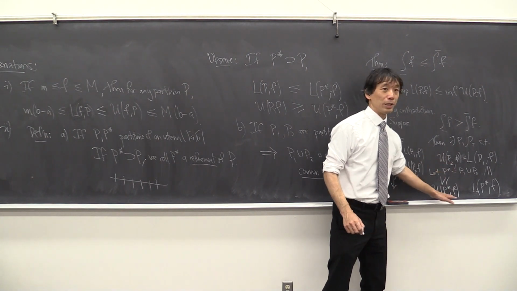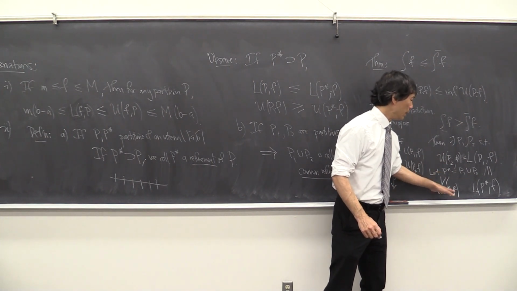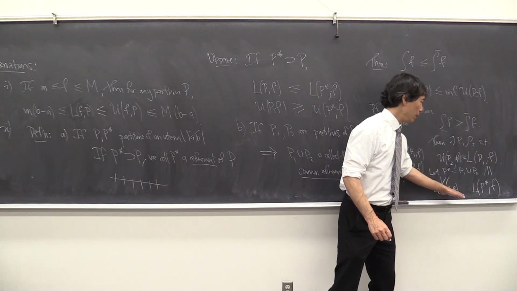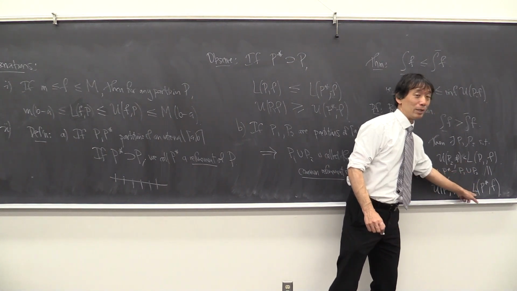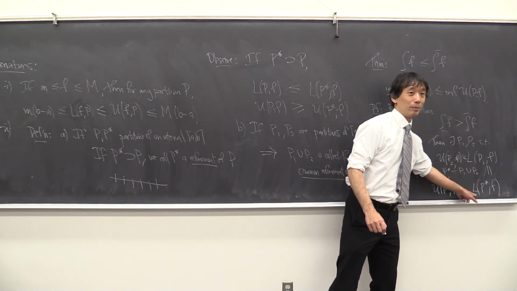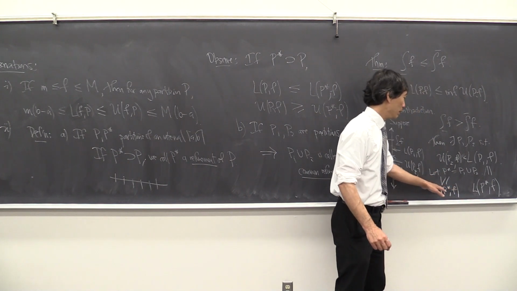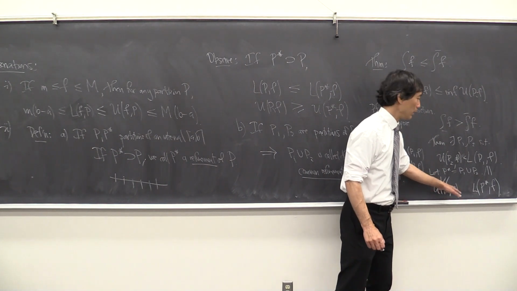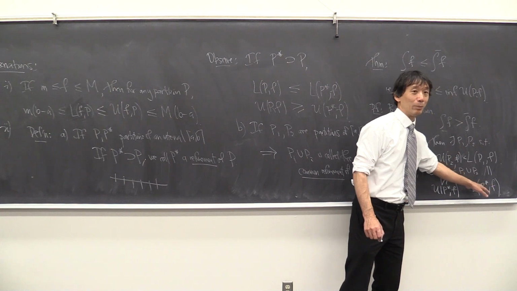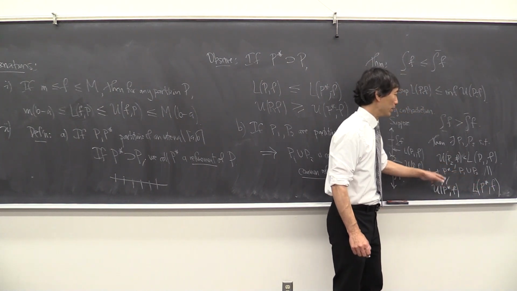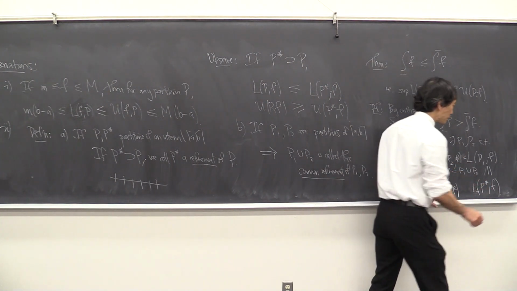But that gives you a contradiction, because what that says is that the upper sum on P star is strictly less than the lower sum on P star, which is impossible. The upper sum on a partition is always greater than or equal to the lower sum on that partition. But we've got this contradiction here.